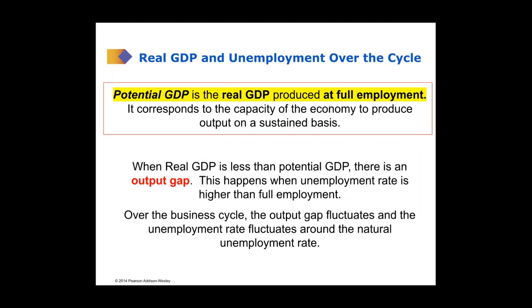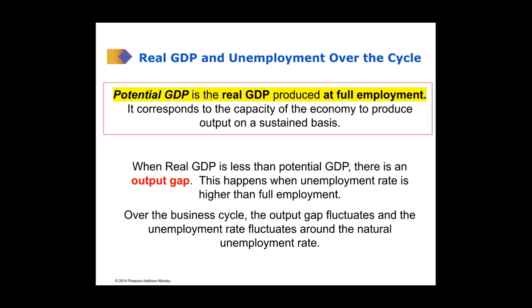It's kind of like the best or the optimal amount of GDP that we can create if there's full employment. Now, when real GDP is less than potential GDP, well, then we have an output gap. We're not producing as much as we could be. And this happens when the unemployment rate is higher than full employment, meaning that there's some unemployment that's a result of cyclical unemployment.